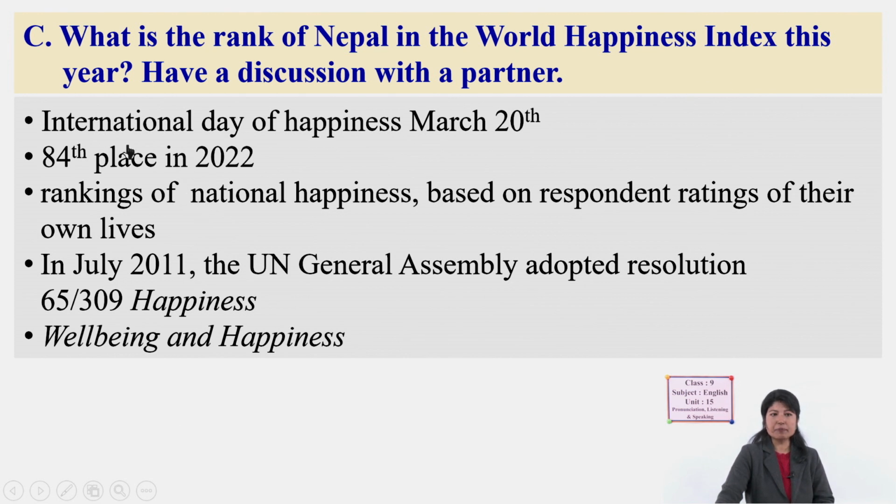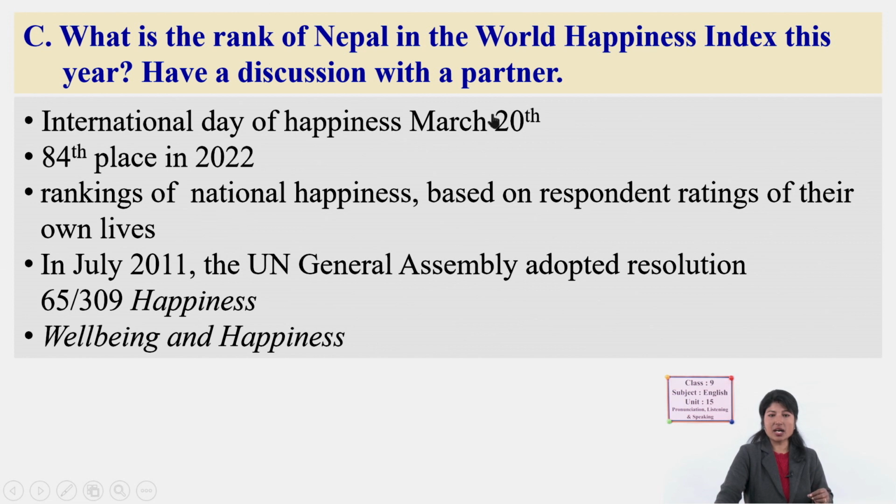Some points are here. International Day of Happiness is celebrated on March 20th, and according to this survey index, Nepal is in 84th place in 2022. It is done on the basis of ranking of different categories.